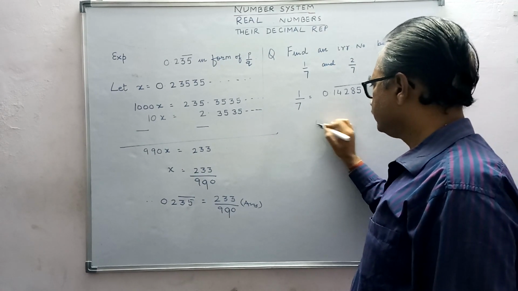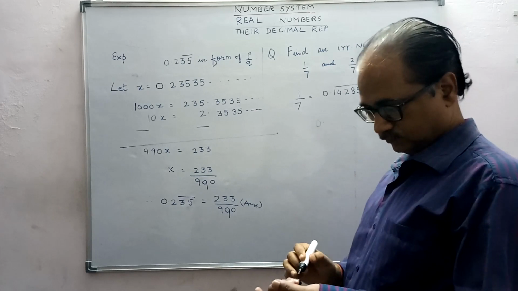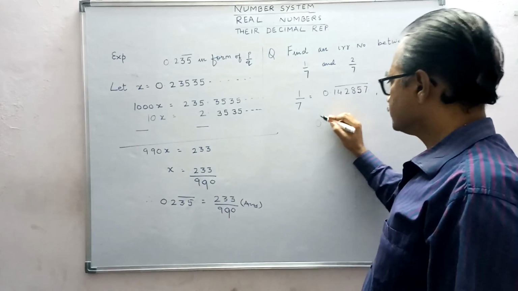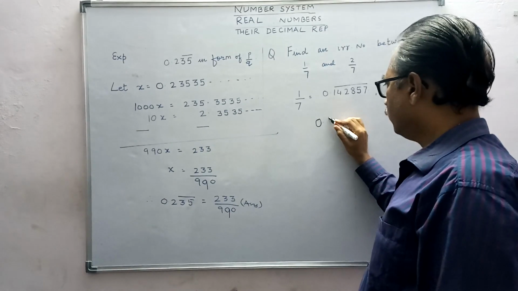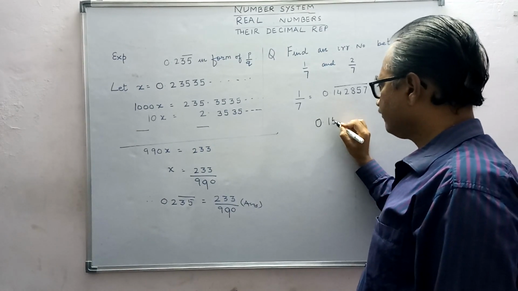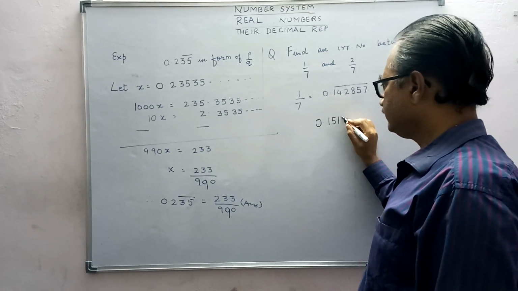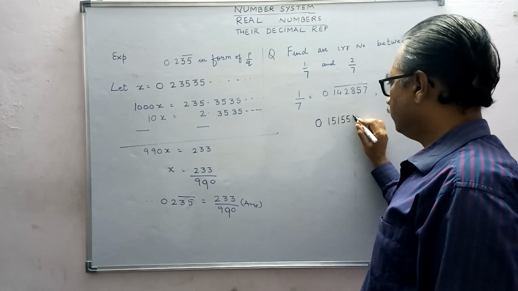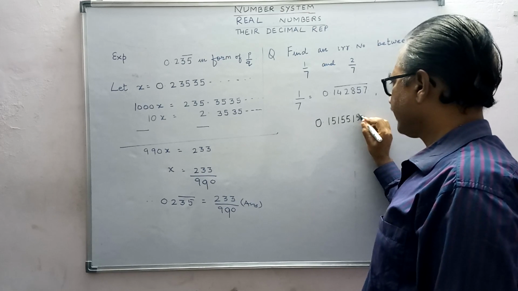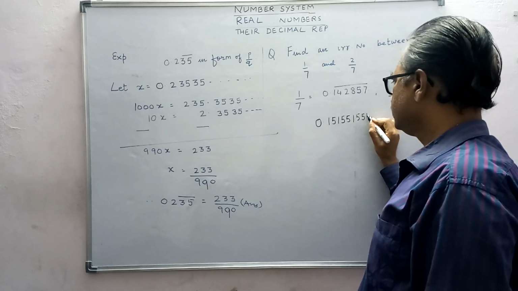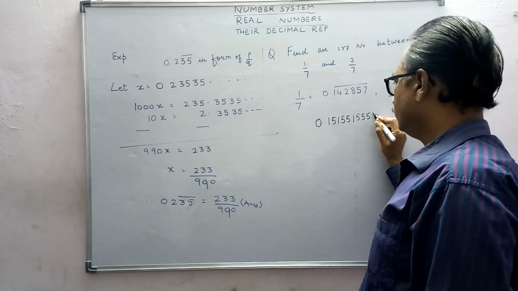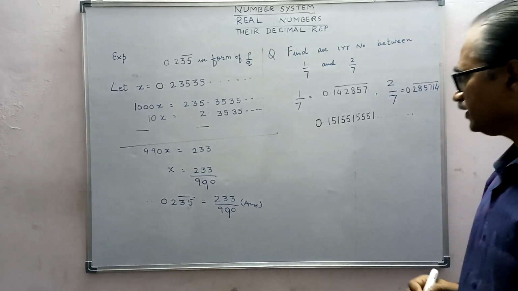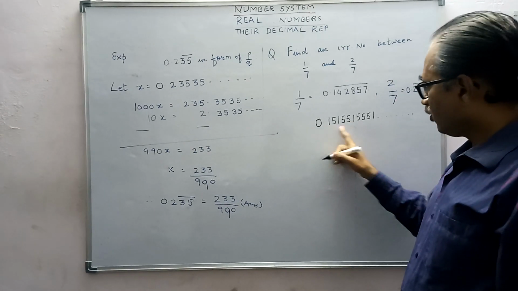That means it could be 0.15, 155, 1 and so on. Now this number is not coming to an end.